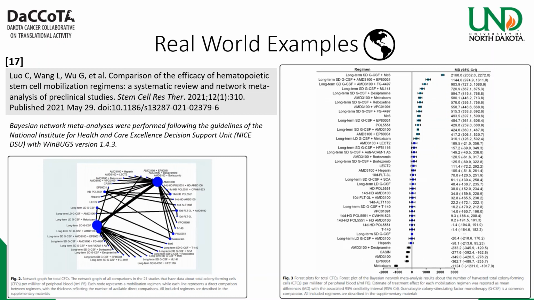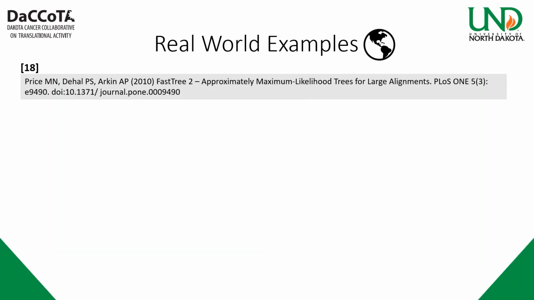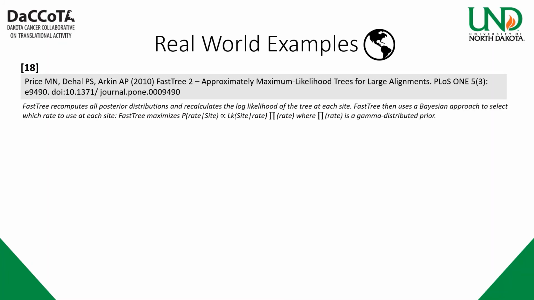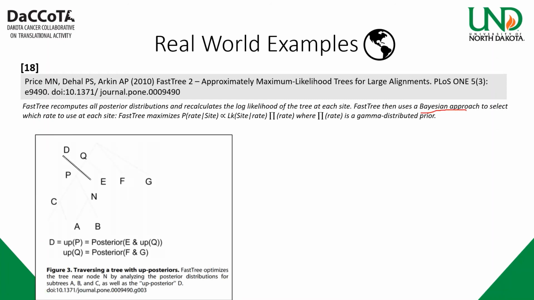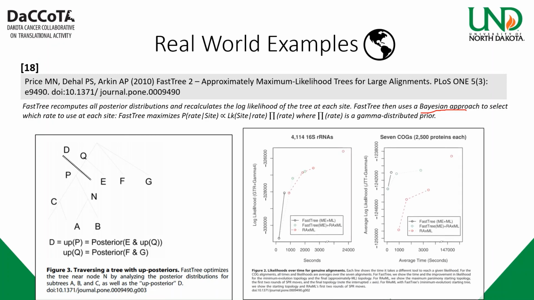Our last example here is the paper describing FastTree 2. This is for phylogenetics, so it recomputes all posterior distributions and the log likelihood of trees at each site. So it uses a Bayesian approach. Here are some outcomes showing the time to reach a given likelihood.